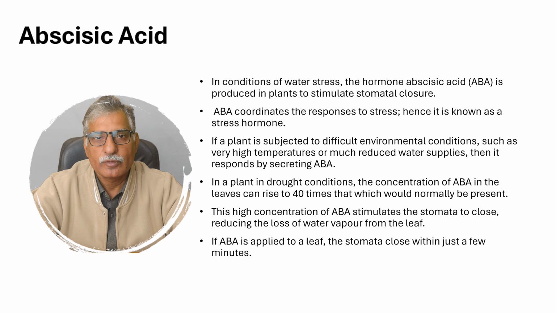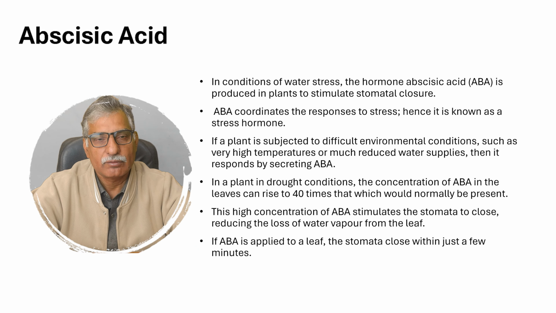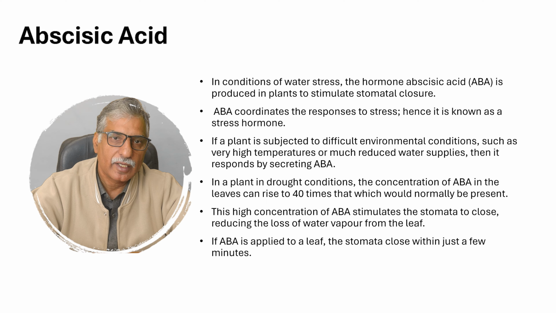So it has been observed that when there is excessive water loss being experienced by the plant, or there are certain conditions that account for high water loss, in that case, abscisic acid concentration is found higher in the guard cells and in the leaves.